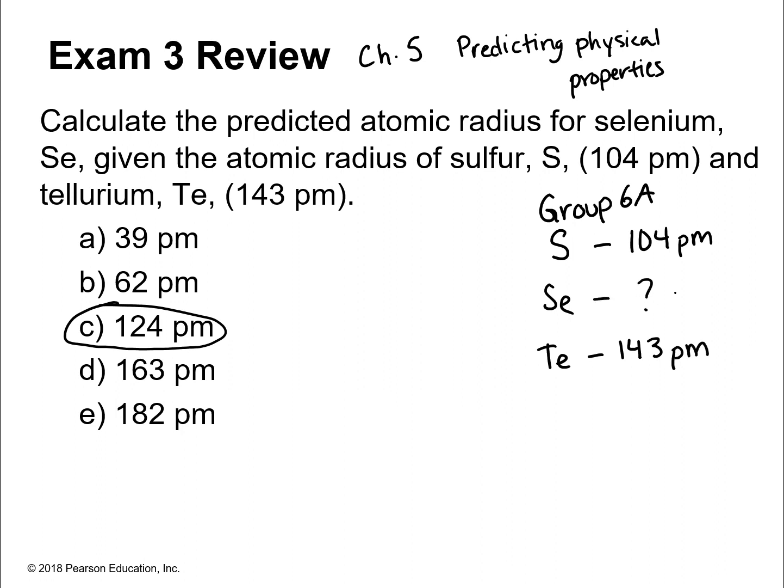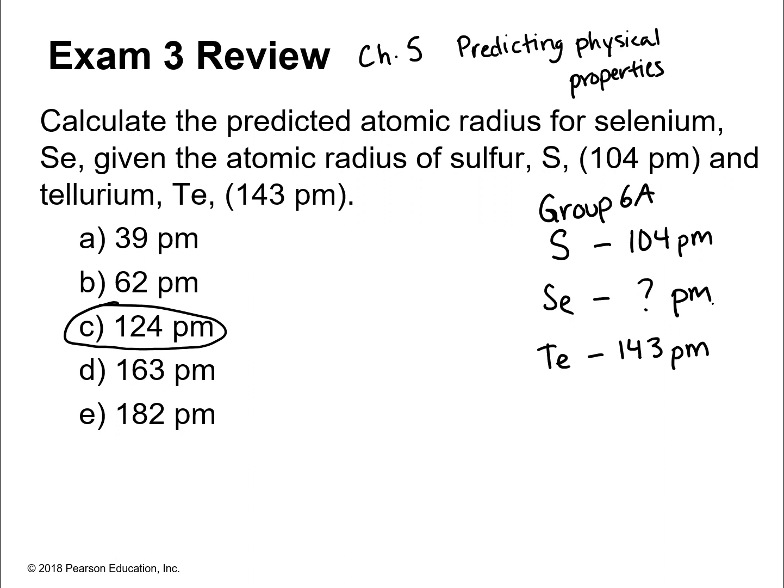We have no idea about selenium, except that it's in group 6A and it should follow a trend. Without doing any math, you should know that the atomic radius should fall somewhere between 104 and 143 picometers, simply because it has to fit that trend. So you can rule everything else out and choose letter C without doing a drop of math.